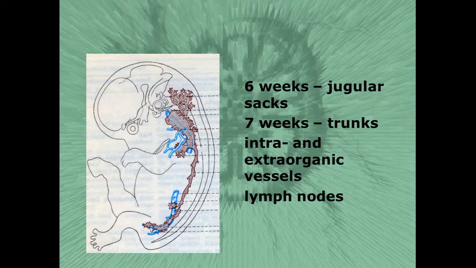These lymphatic sacs will give rise in future to the thoracic duct and also to the lumbar trunks. Approximately from the 7th week of embryonic life, the lymphatic trunks and intra- and extraorganic lymphatic vessels start to develop. Then the lymphatic nodes are formed, and finally the connection between the lymphatic and venous systems will be formed.